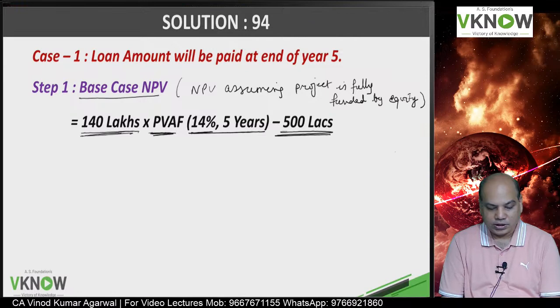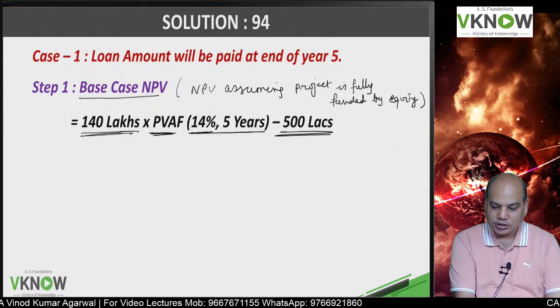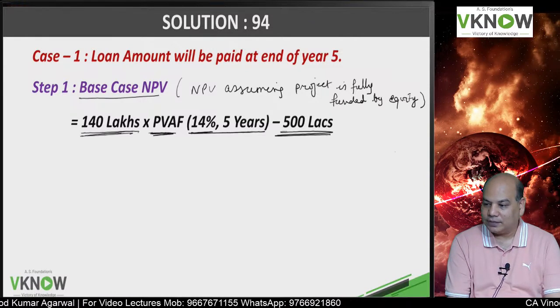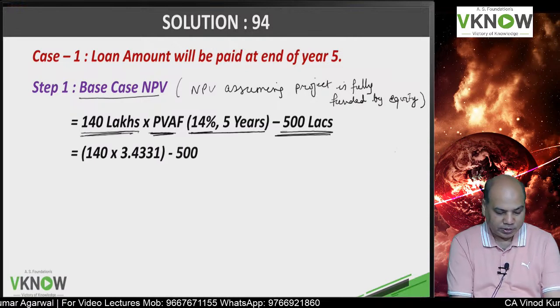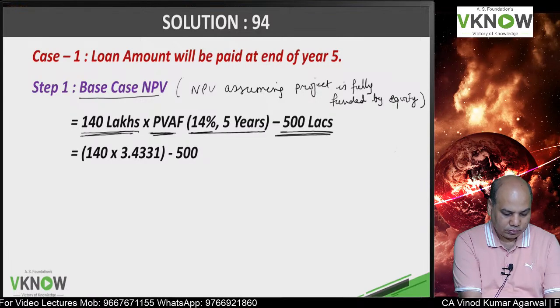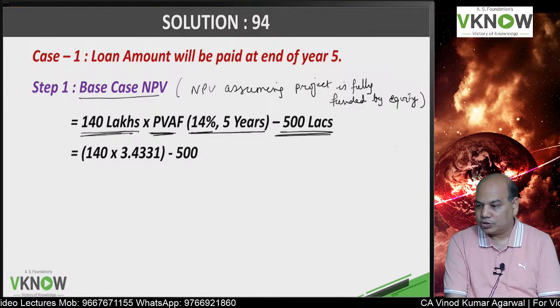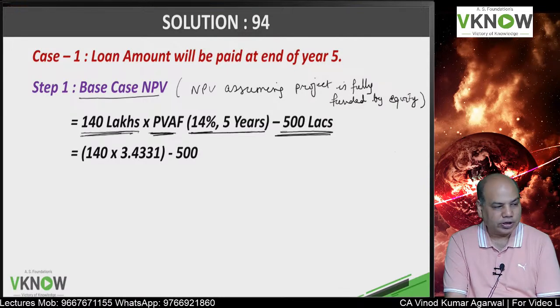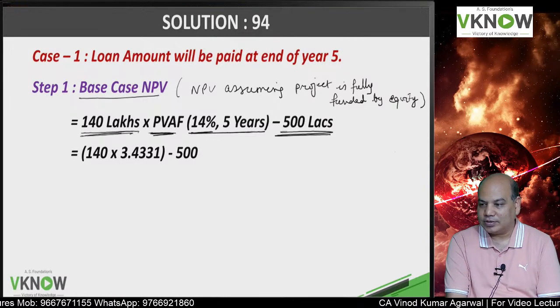You have to answer, please. What is the annuity factor for 14% and 5 years? 3.4331 multiplied by 140 minus 500.